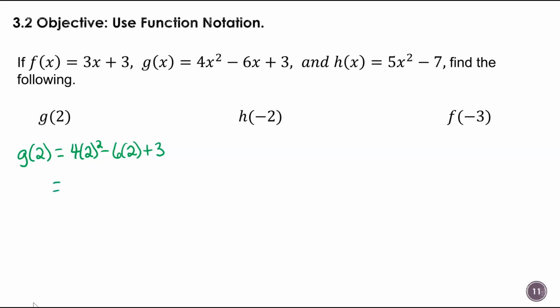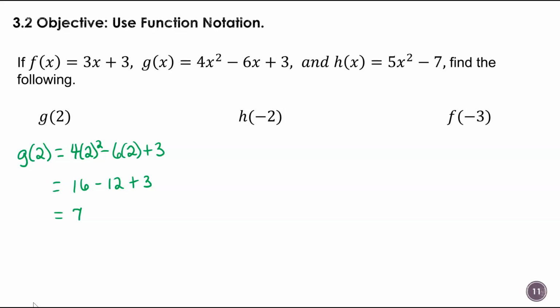So this is going to be 4 times 4 minus 12 plus 3. And so that ends up being 16 minus 12 is 4. 4 plus 3 is 7. So that's what we end up with when we evaluate there.